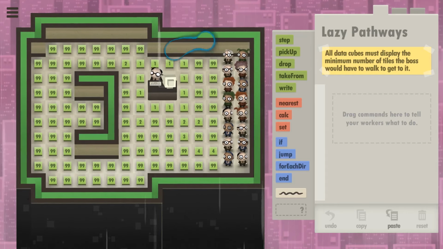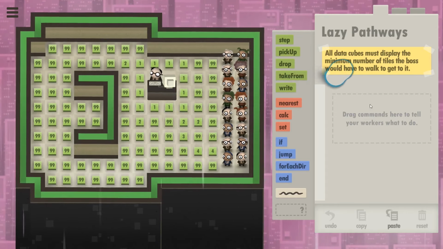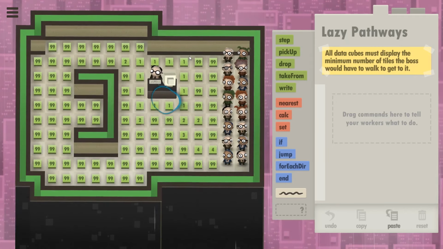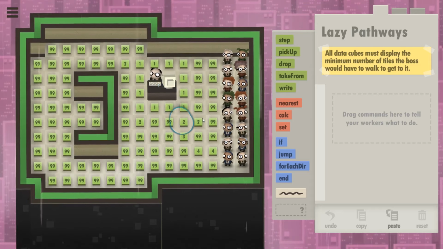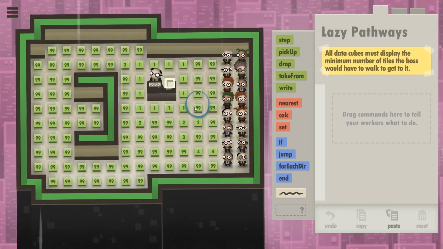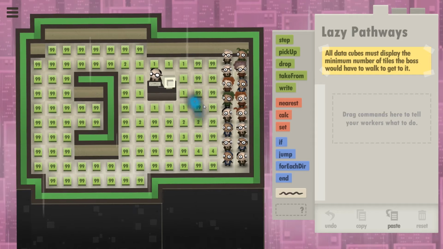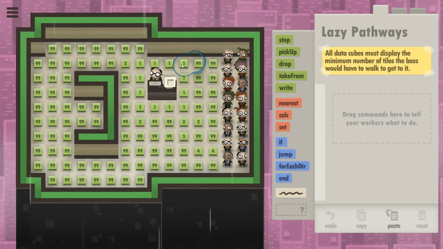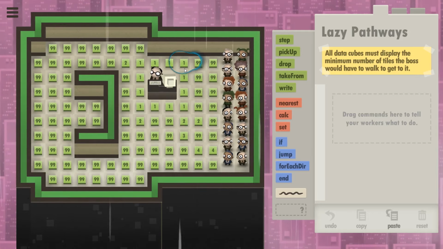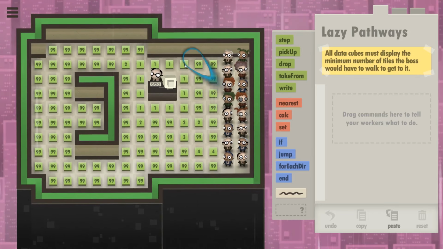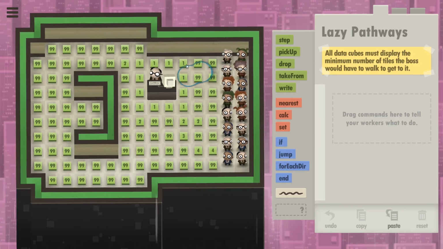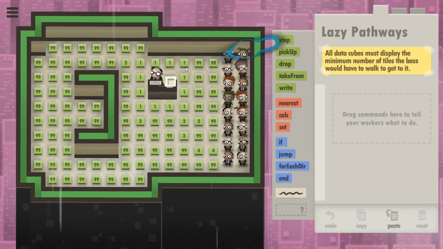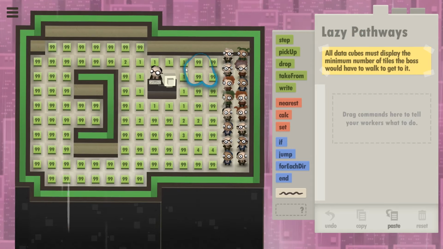Okay, so what's the correct way of doing this? The problem that I'm foreseeing with this one is accidentally overwriting numbers, like we don't want to put a 3 here, right? So if you are standing somewhere and there is a number that isn't 99, you pick one more than the lowest number that's next to you.